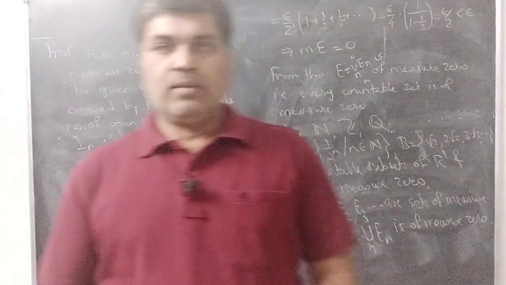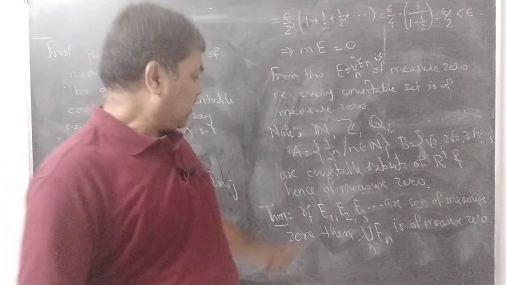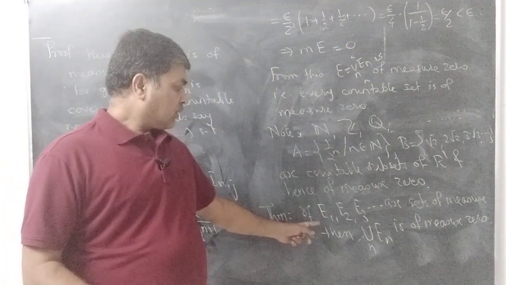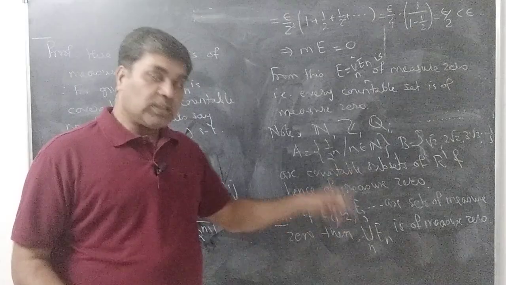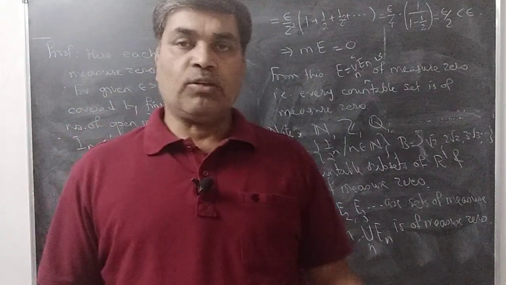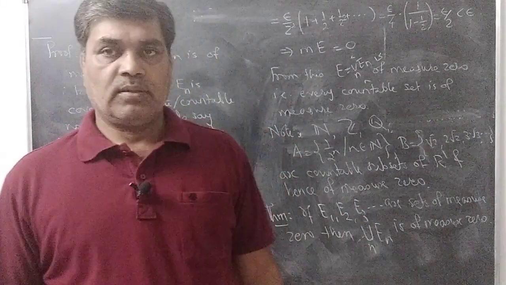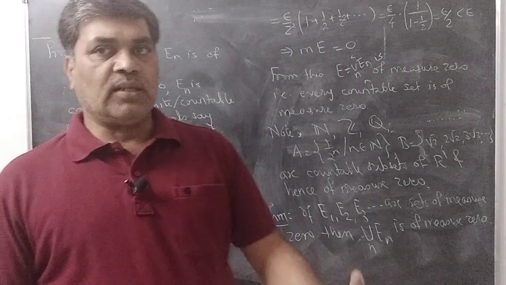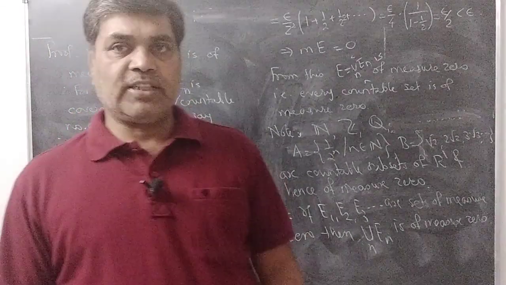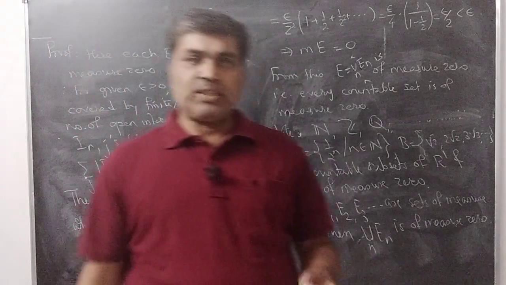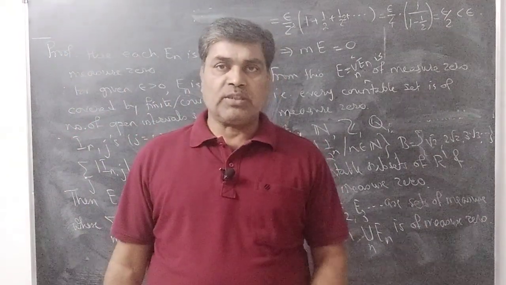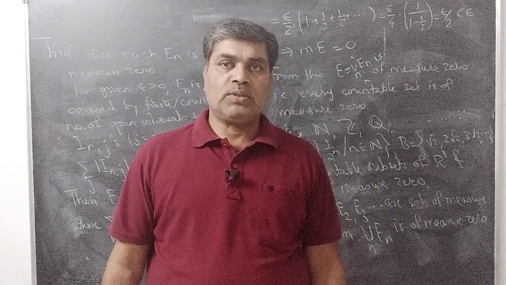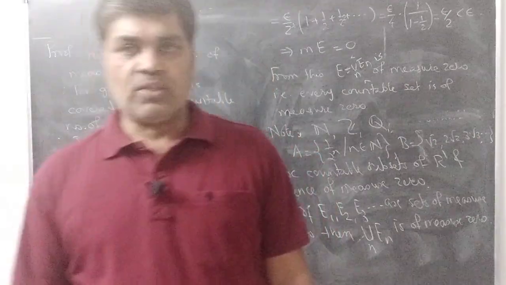Is it clear? This theorem states that a countable union of sets of measure 0 is again of measure 0. So this is just an if-then condition, not if and only if, which means there exist uncountable subsets which are again of measure 0. We'll study that in the next lecture.